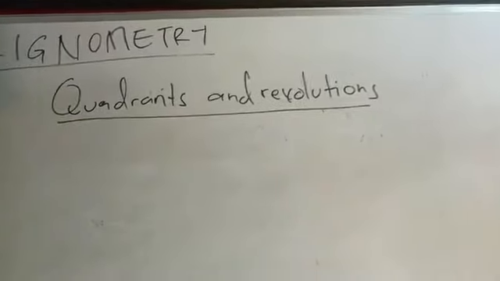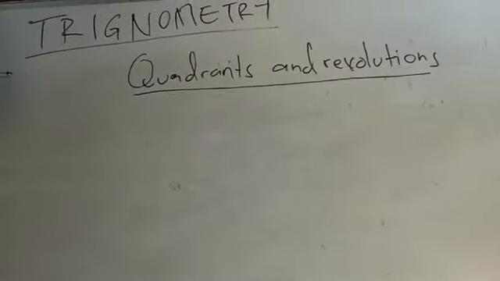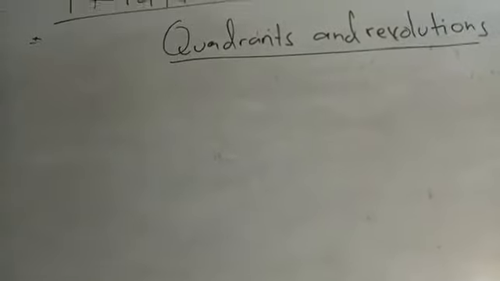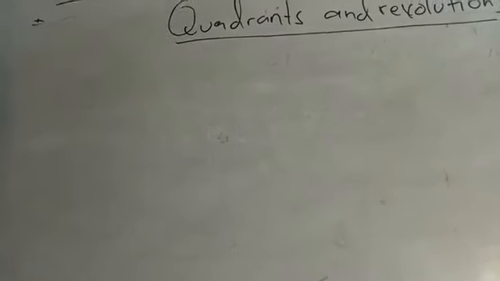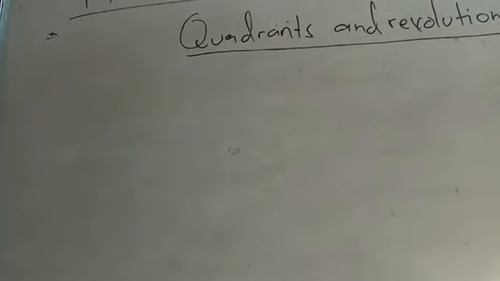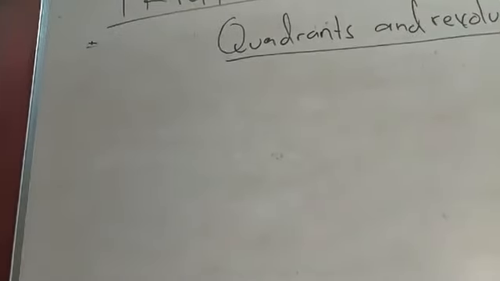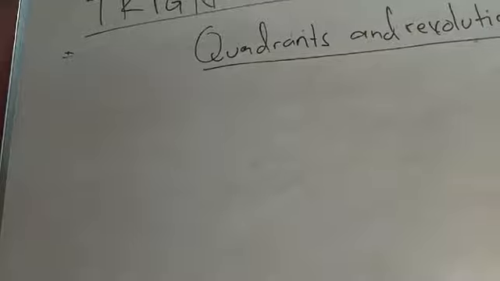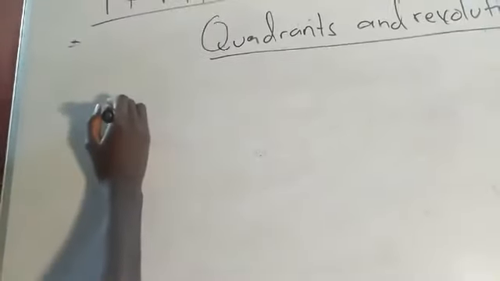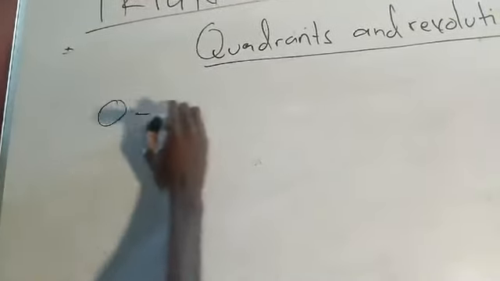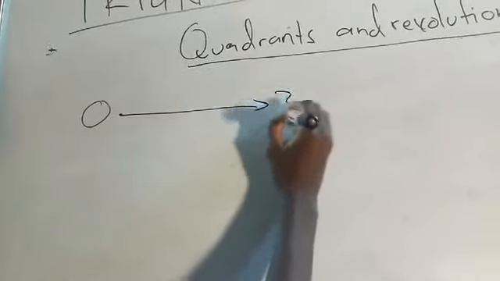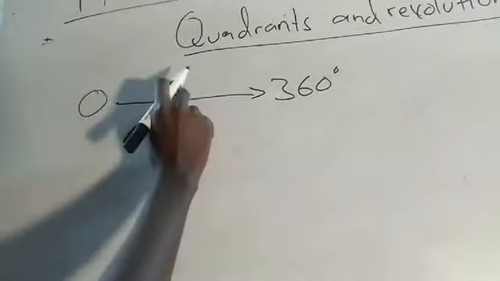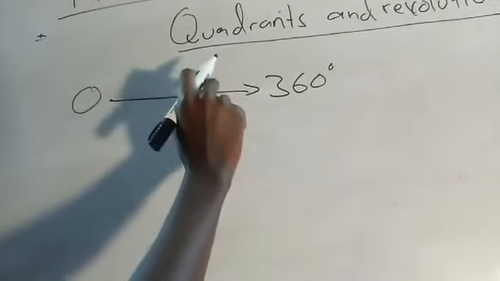So if a person turns through an angle of 360 degrees, he or she is said to have made what we call a revolution. So it will be 0 up to 360 degrees. So it has made a full revolution.